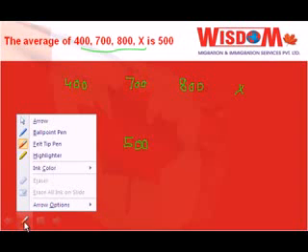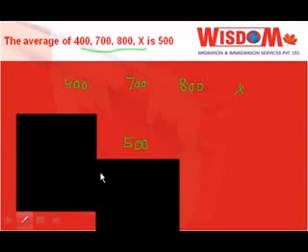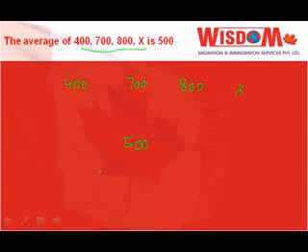Let me change my color so that it appears good. So see, now 500 is the average. Since 500 is the average, the sum of deviations of all the numbers from 500 has to be 0, using our first point. So the deviation of 400 from 500 is 400 minus 500, which is negative 100.